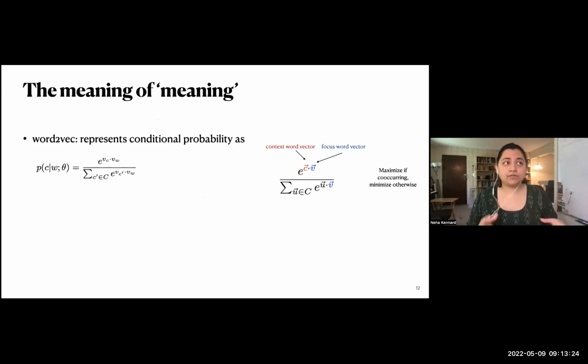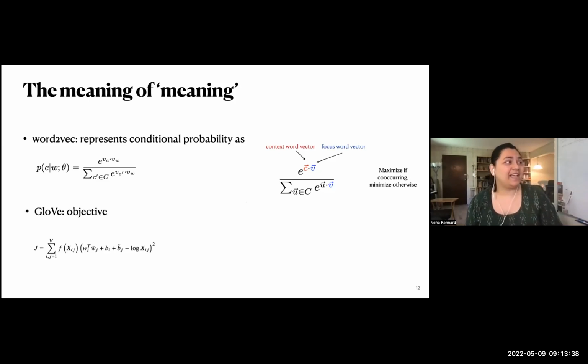So if two words co-occur, we want to maximize this entire fraction, and if they don't co-occur, we want to minimize this. Similarly, but also somewhat dissimilarly, the GloVe objective also has a dot product, and I'm going to rearrange things to make them look a little bit similar.